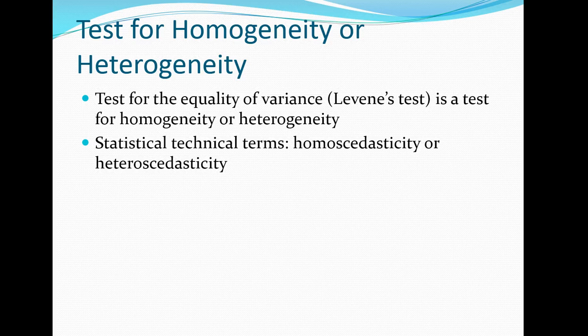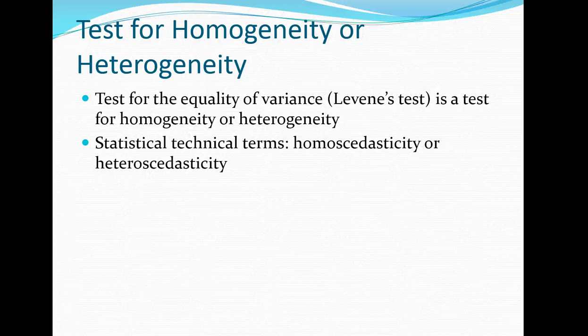So this is an important component that every statistician will check when they run ANOVA, that there has to be equality of the variance.